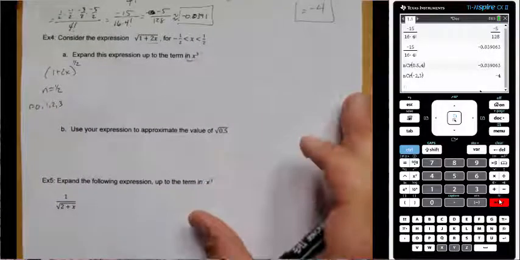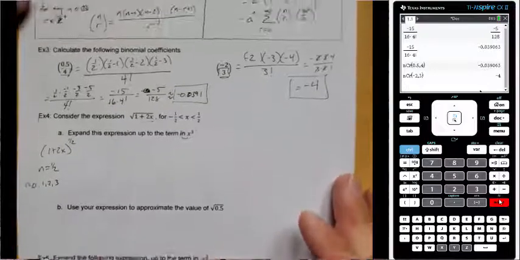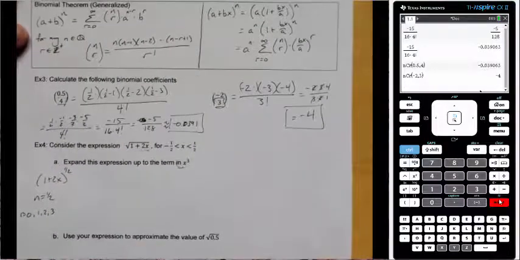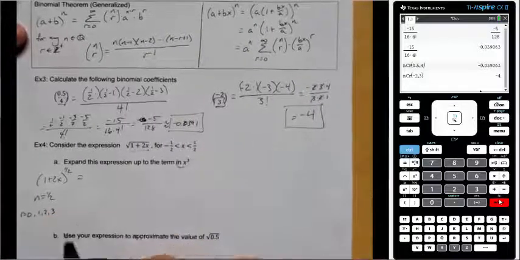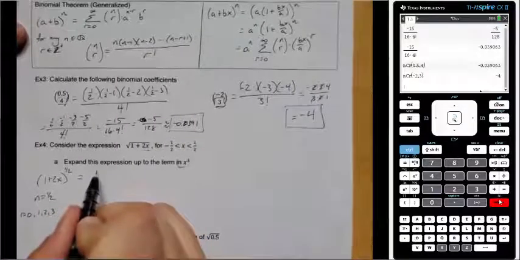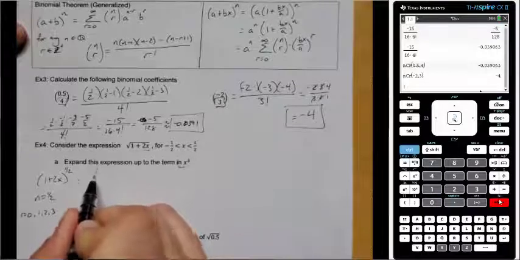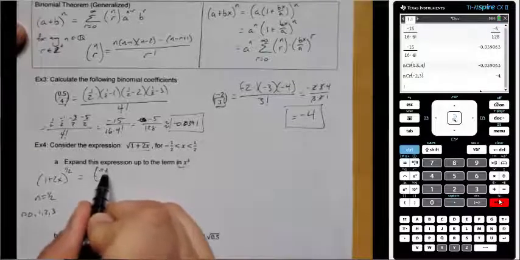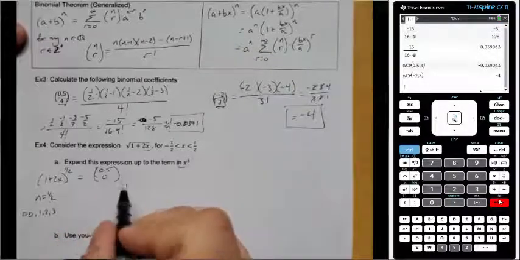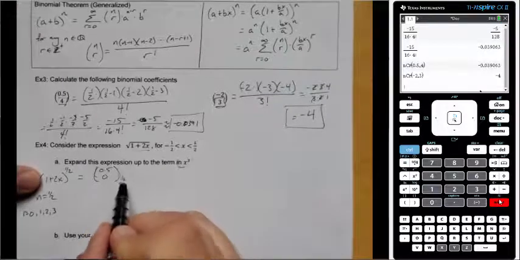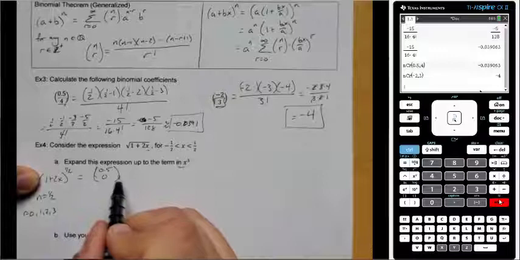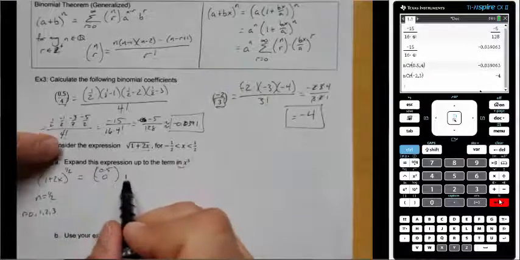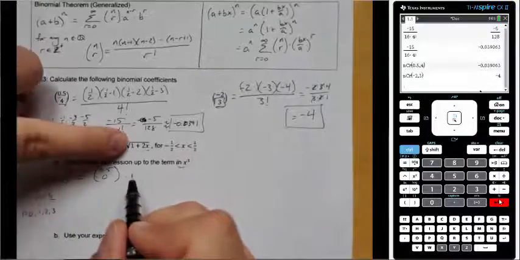So according to my recipe from above, how do I write these out? My first term is going to be 1/2 choose 0 times a to the n minus 0, and in this case, a is 1.